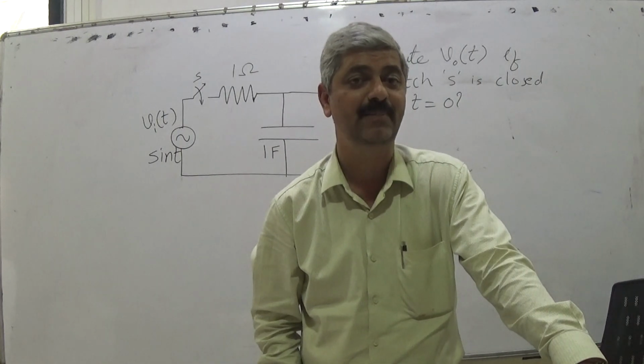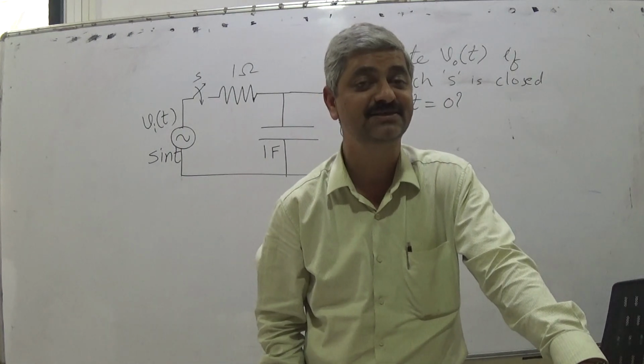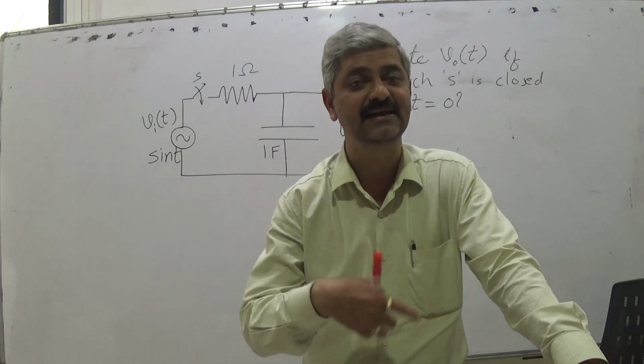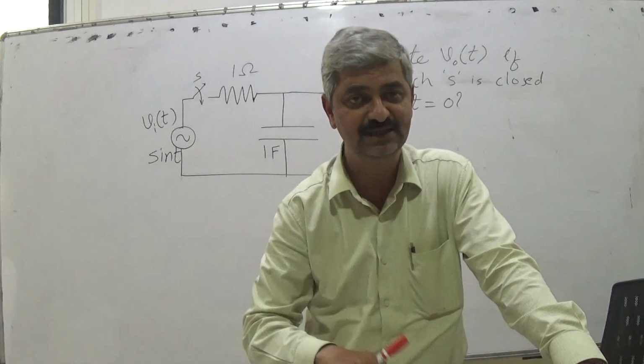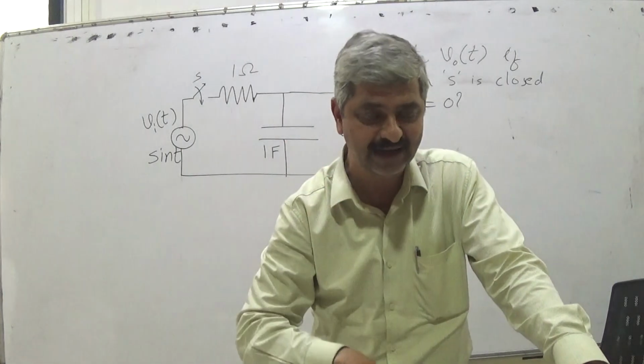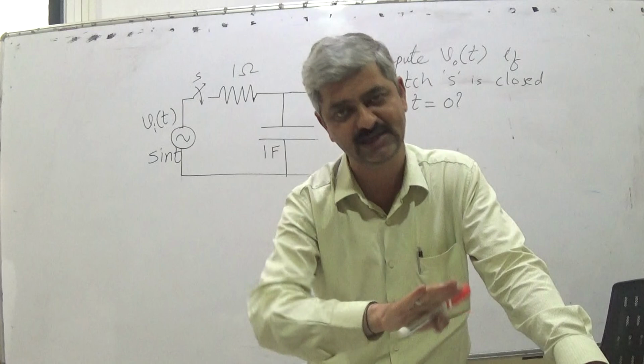Whereas a capacitance requires its state: when we start, what was the voltage across it, or what was the charge stored by it, which reflects into voltage. For the inductor we will see later.